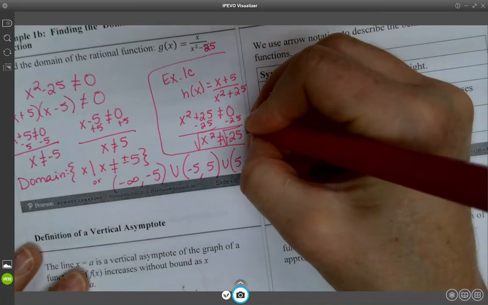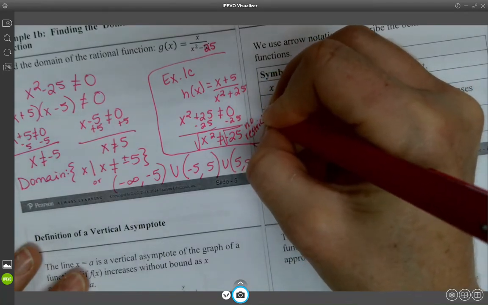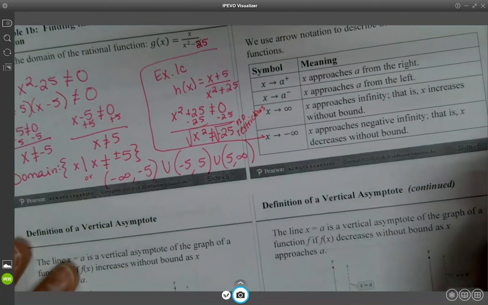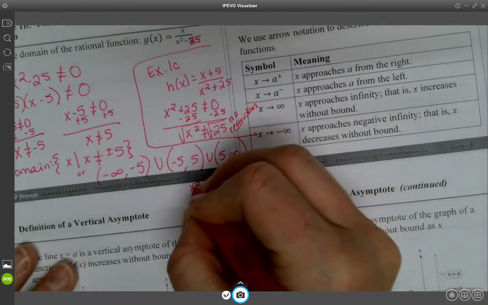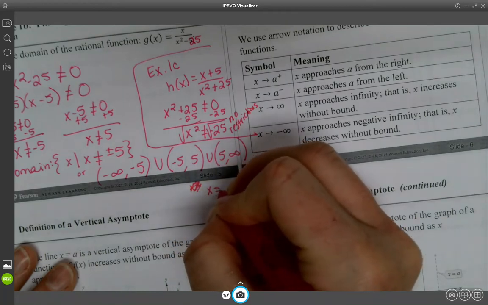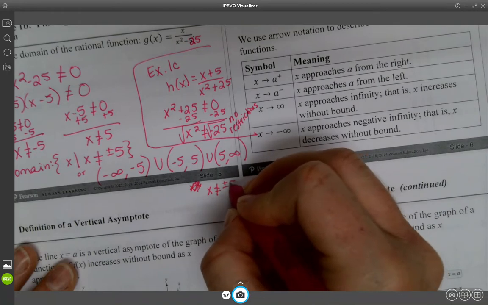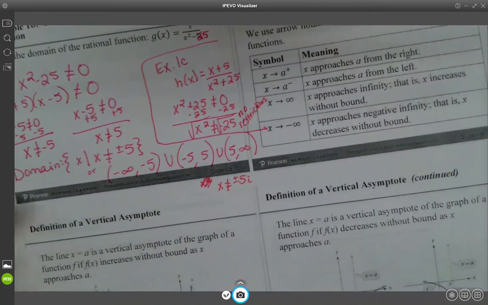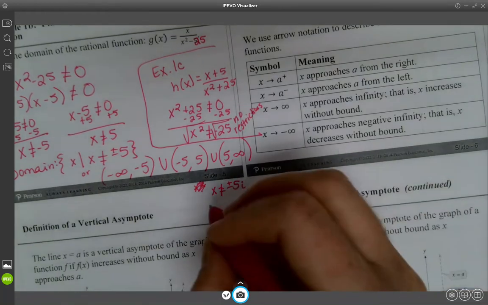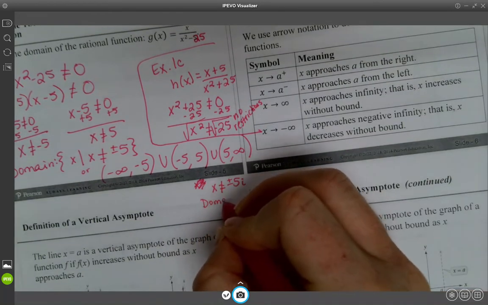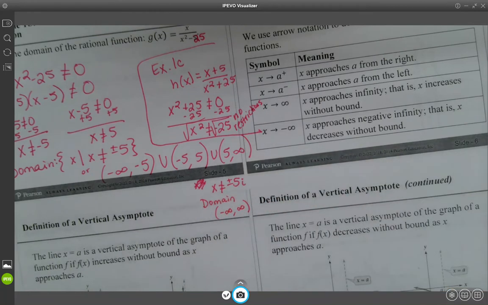So this has no restrictions at all on the domain, because x cannot equal plus or minus 5i, which is imaginary, so that doesn't have any restrictions at all. So your domain on h of x is no restrictions, negative infinity to positive infinity.